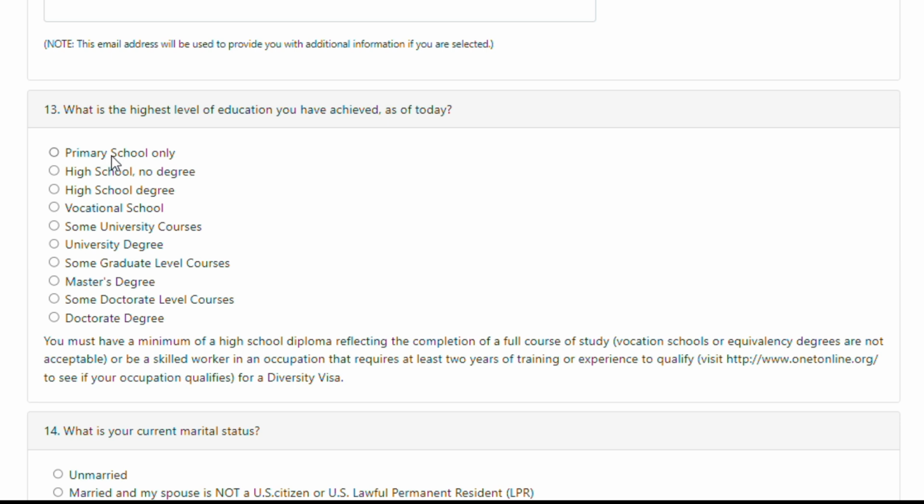And if you went through primary school successfully and completed it, but you did not advance, you also select primary school only. For high school, no degree, this implies that after completing your primary education, you enrolled at a high school, but due to one reason or the other, you are not able to complete your high school education.